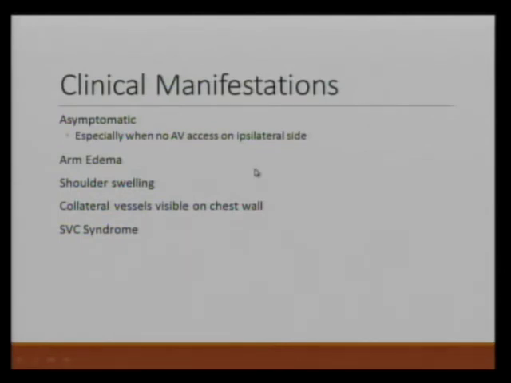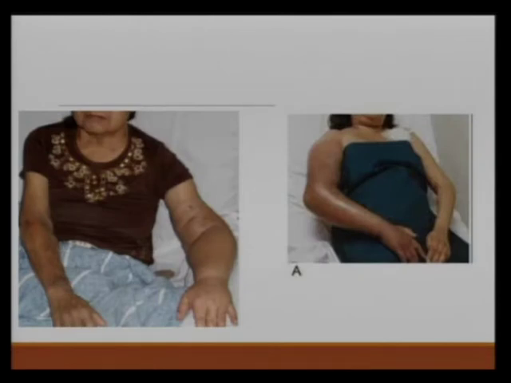So clinical manifestations: often it's completely asymptomatic. So they have stenosis, 40%, maybe even 50%. No symptoms, you don't have to do anything about that, okay? Now, what you worry about is when the central occlusion is causing symptoms like arm swelling, they can get shoulder swelling, they can get collateral vessels develop on their chest, and SVC syndrome.